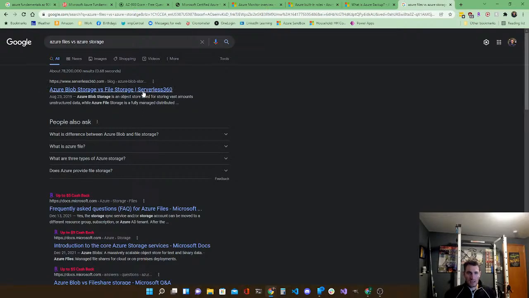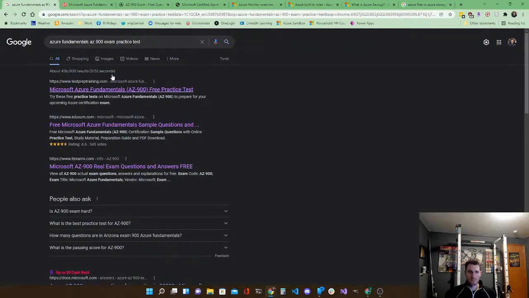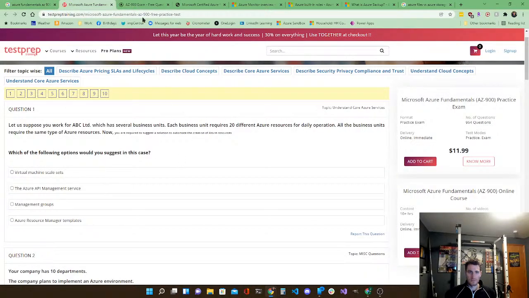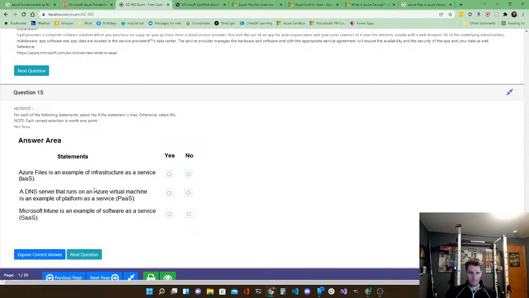So I think they're both Azure storage, and it's just different types of Azure storage. So blob versus file. It's not infrastructure as a service, I don't think, because that's really just the VM part of it.